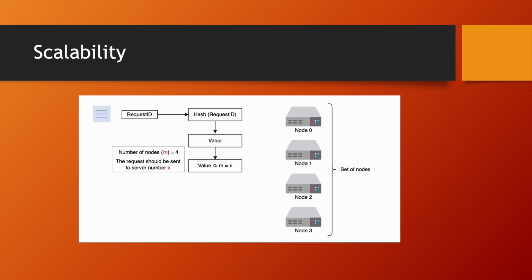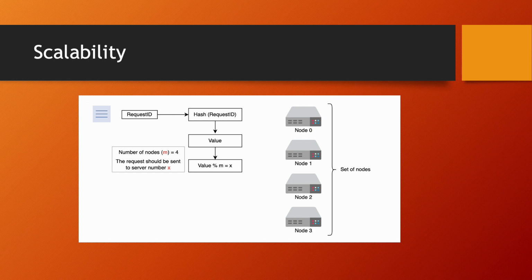On the scalability part, one naive way to scale the system is, let's say we have a number of nodes. We get a request, and we take the hash of that request, and we mod by the number of servers that we have, let's say m here.